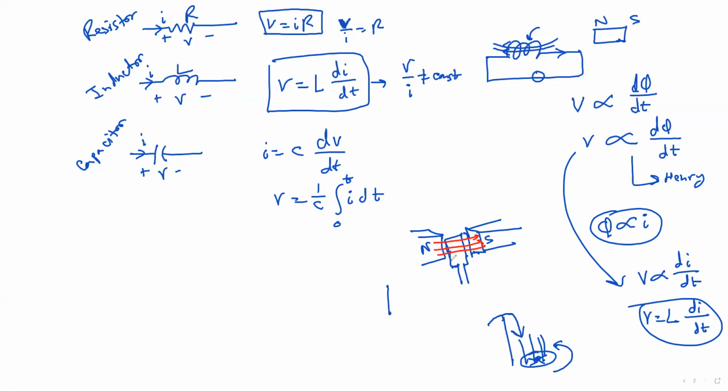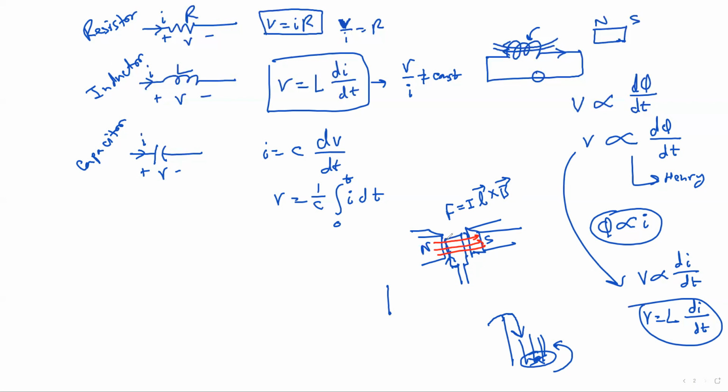Now, if you apply current through the coil using some method, this current faces a force caused by the magnetic flux, which has the expression F is equal to I L cross B, where B is the magnetic flux and L is the length of the coil.